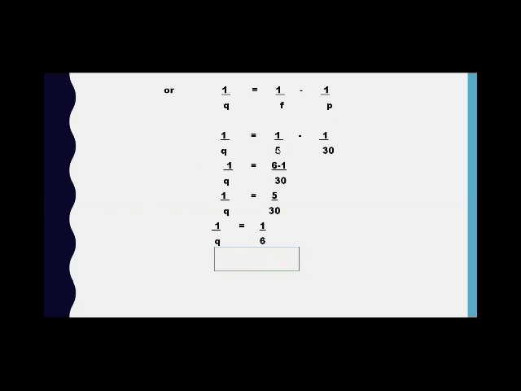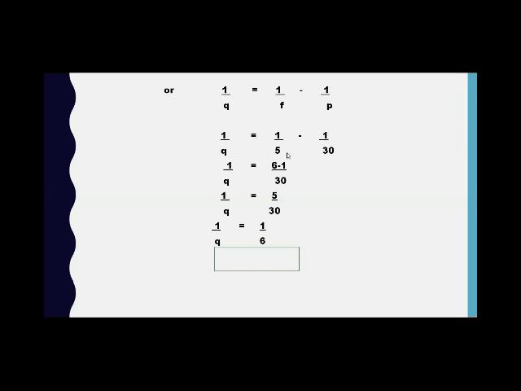Now let's see, here it is 5 and here it is 30. So 5 is not matching with 30. So we will think by which number we have to multiply 5 to get 30. We know very well, if we multiply 5 with 6, we get 30.